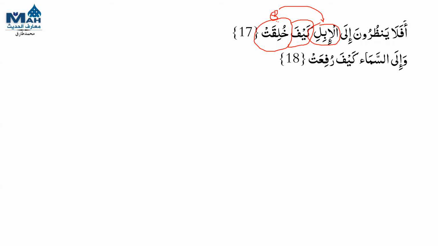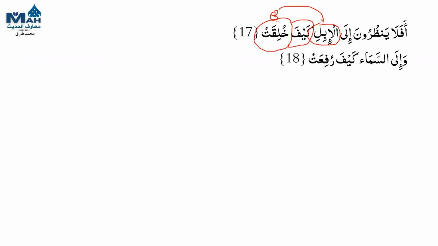In this sentence, can you pick out the majhul: وإلى السماء كيف رفعت. Not kaifa, rufi'at. Tell me, did you not go to tajweed? You learned tajweed? Not too much. Sister, I would suggest you must learn how to read the Quran correctly.